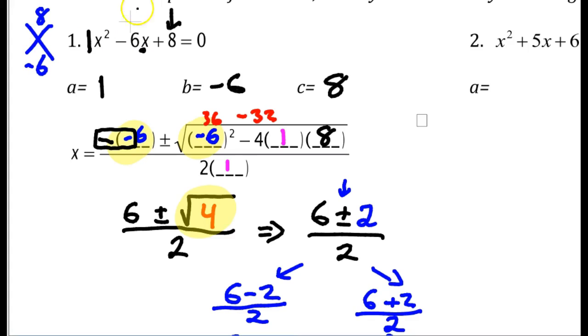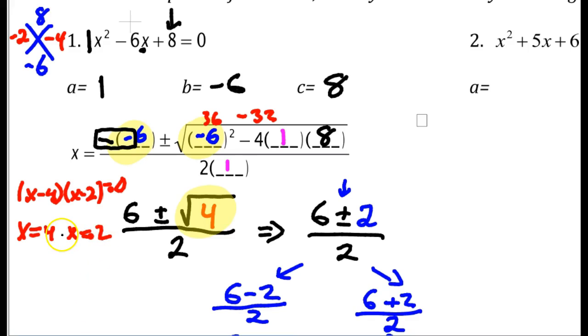What 2 numbers multiply to 8 and add to negative 6? Negative 4, negative 2, there you go. And that means we could have just said, okay, x minus 4 and x minus 2 equals 0. So x equals 4 and x equals 2.